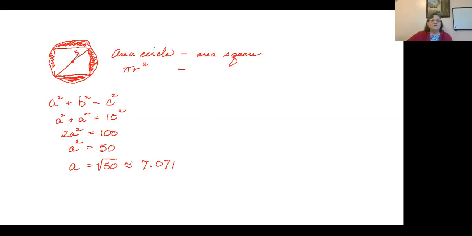So the radius is 5. So we've got 5 squared is 25. This is going to be 25 pi minus, now the area of the square, actually, we didn't even need to do this. The area of the square is going to be a squared. So this is going to be the 50.